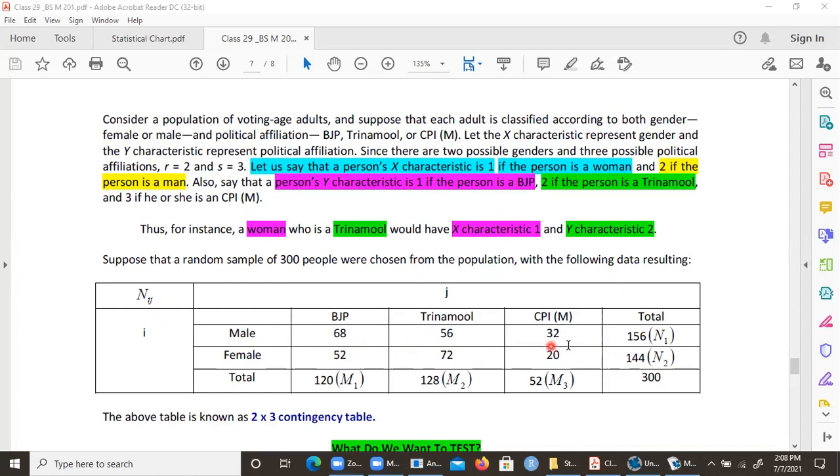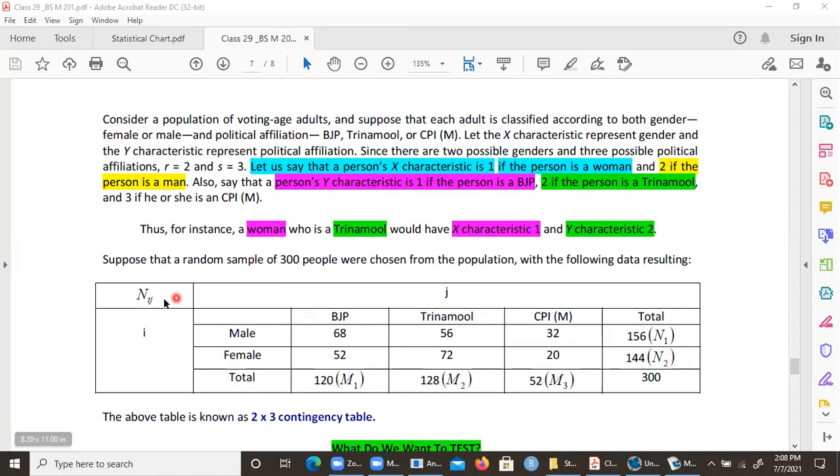Row-wise, the totals are 156, which counts the total males in the observation, and 144, which gives the total females. I'm coming to the points given by capital N1, N2, M1, M2, M3.